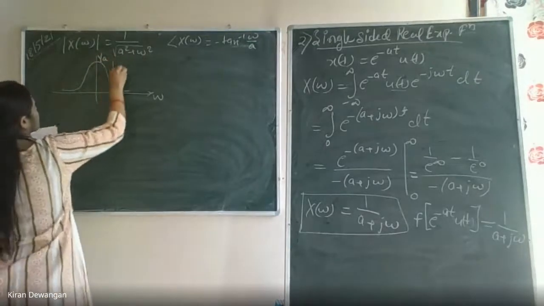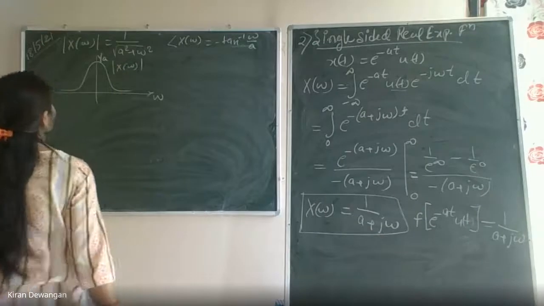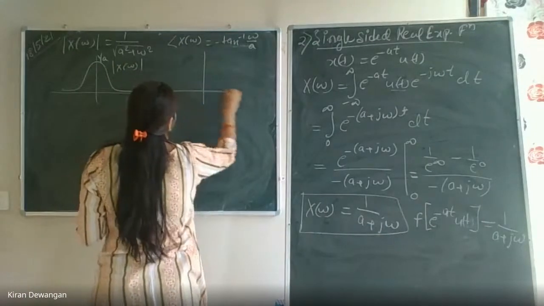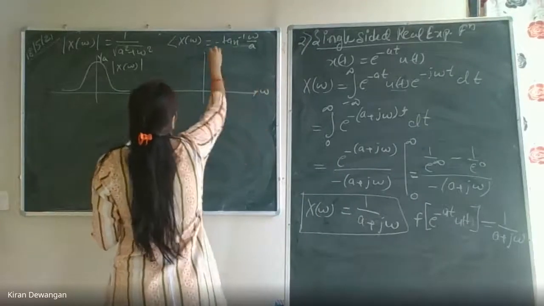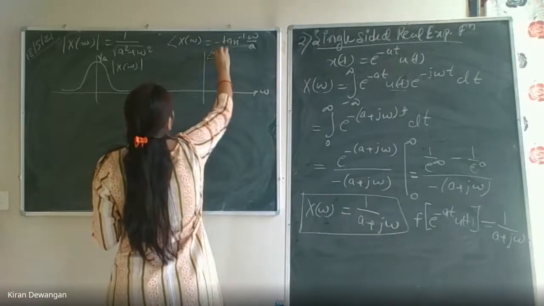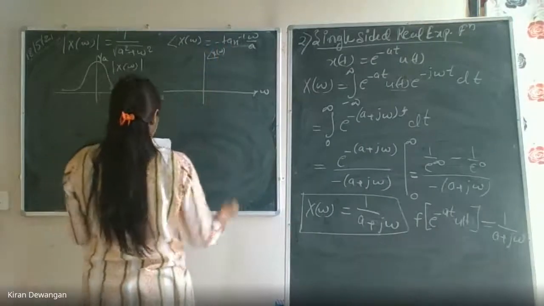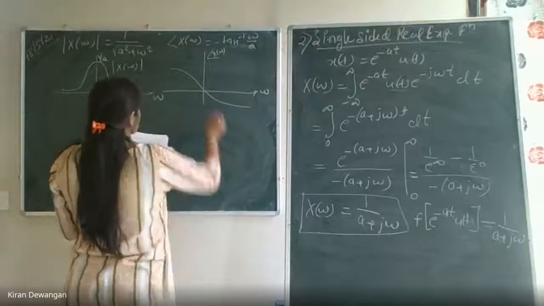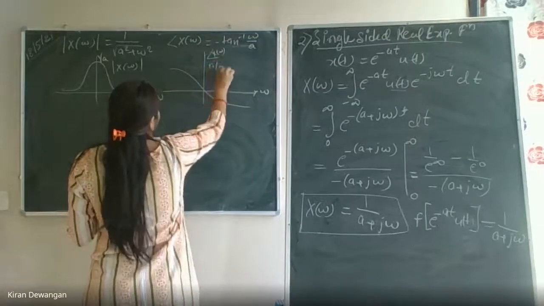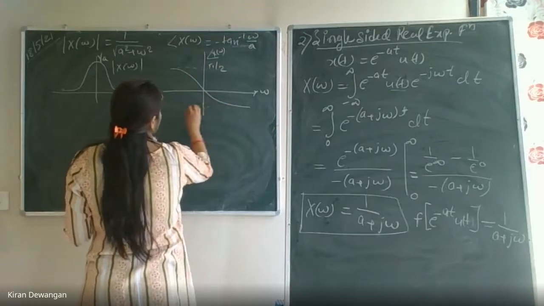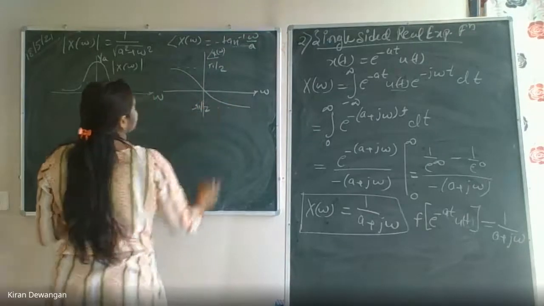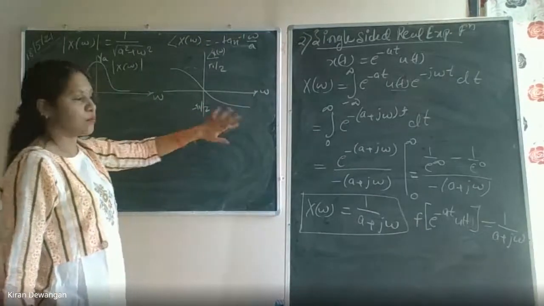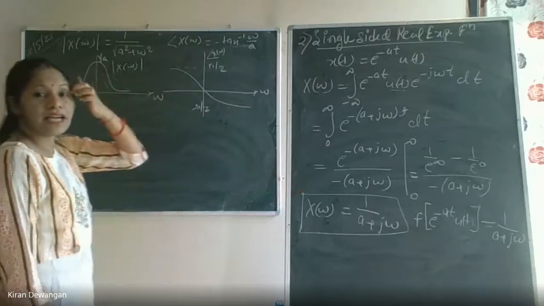So this is the magnitude of X(ω), and if I plot the phase, it will be like this. This is pi by 2 and this value will be minus pi by 2. So these are the amplitude and phase plots of this particular single sided function.